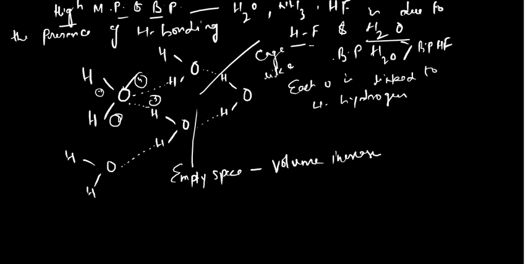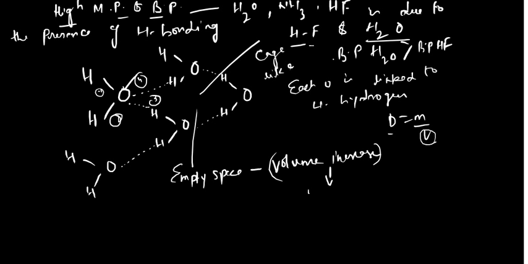Since volume is increasing due to the presence of this empty space, we know that density is mass per unit volume, so if volume increases, density will decrease, since density and volume are inversely proportional to each other. Volume is increasing due to the presence of hydrogen bonding, and hydrogen bonding produces this cage-like structure.